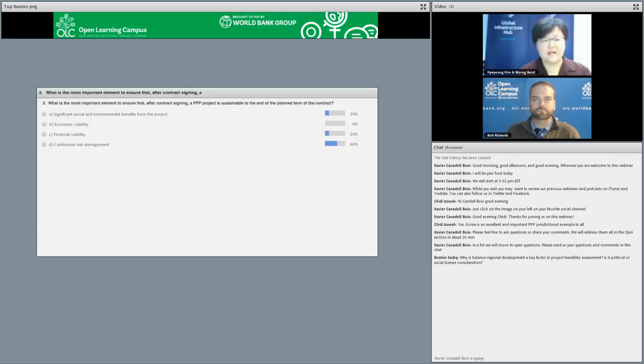So I think continuous risk management is very important between the public sector and the private sector, especially under PPP management. And overall, social consensus is very important for the project to be sustainably kept until the end of the contract term.